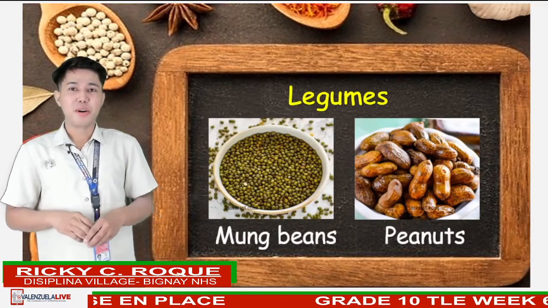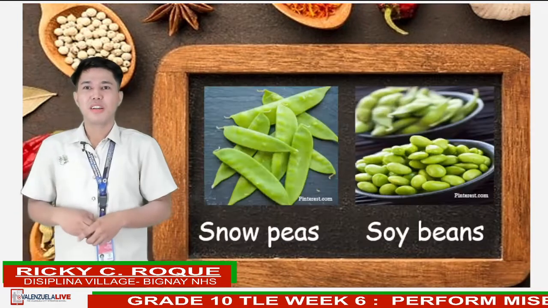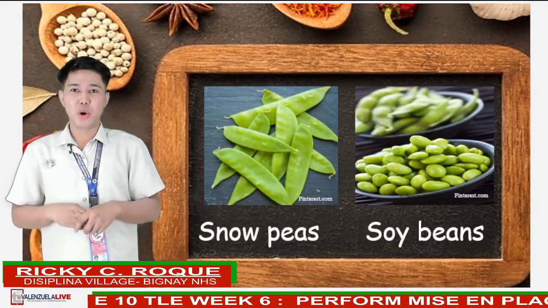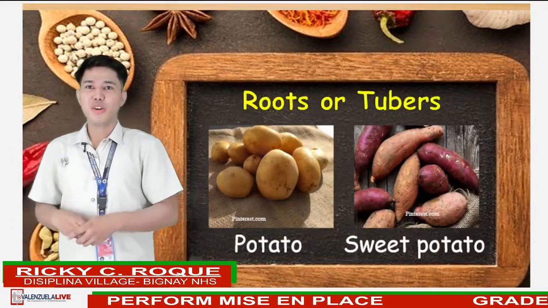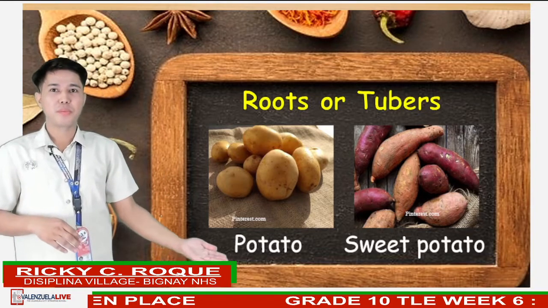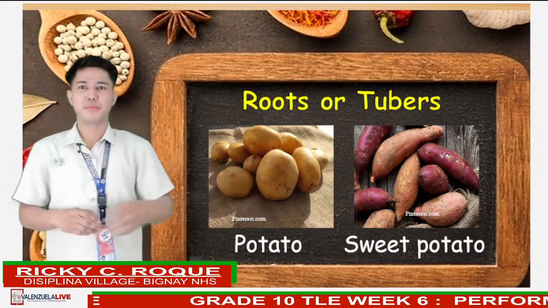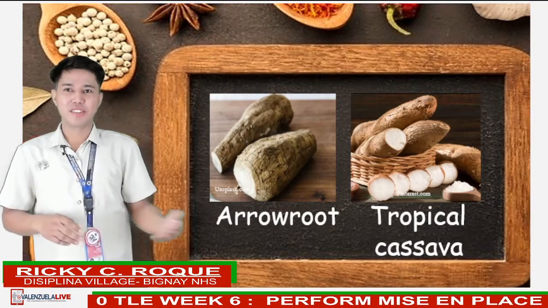Examples are mung beans, peanuts, snow peas and soybeans. Then roots or tubers such as potato, sweet potato, arrowroot, and the tropical cassava.